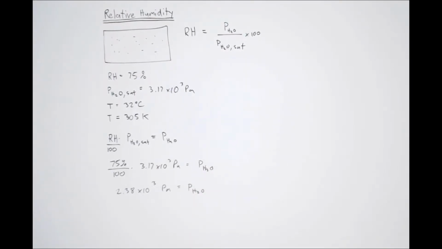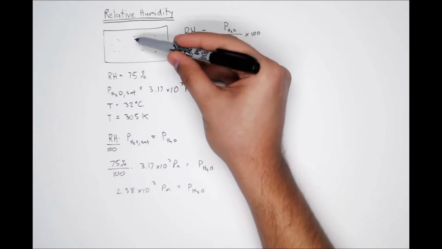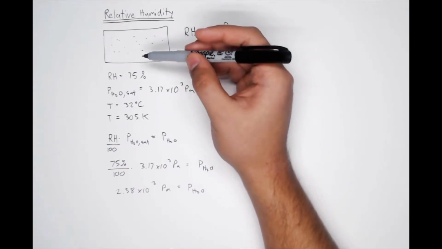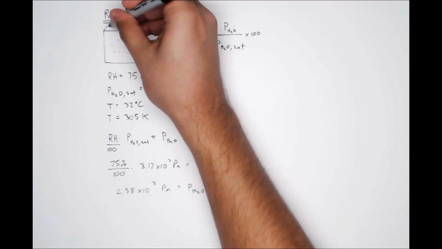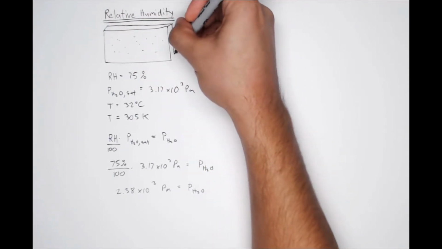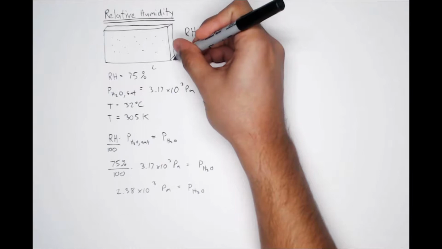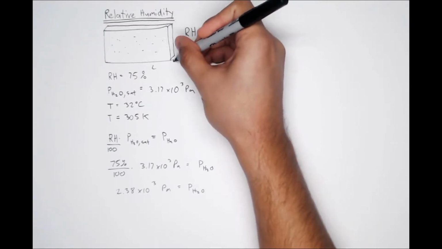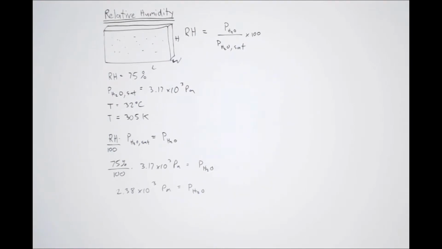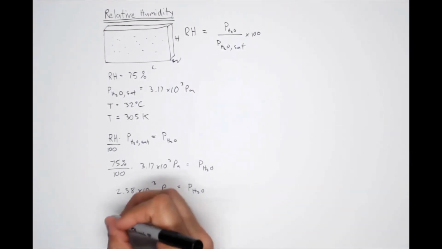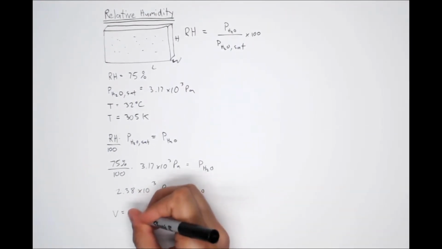Now that we have that, we can proceed to using the ideal gas law to work out how many actual molecules are in the gas. We can assume that we have a room with certain dimensions. I'm just going to make this a little bit 3D. So we have a length, a width, and a height, and the volume of that room is of course going to be equal to the product of those three numbers.